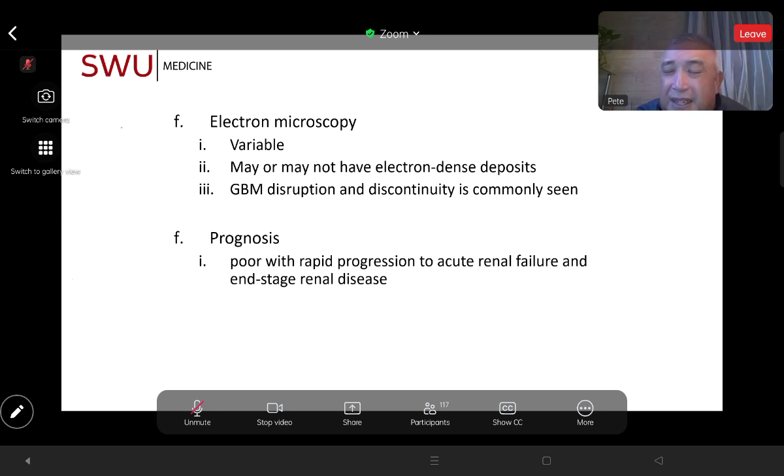Okay. So again, when you have RPGN, in 2 weeks to months, you're going to develop renal failure. And what is the treatment? The treatment is dialysis. Now, what's the economics for patients with dialysis? It is hard, because it is going to consume almost all of the resources of the family.